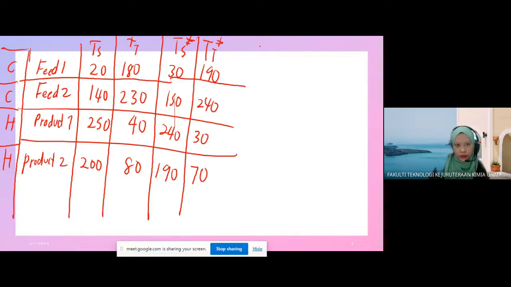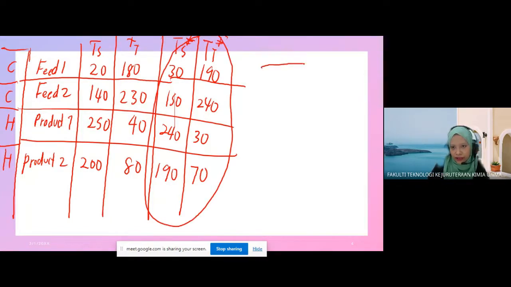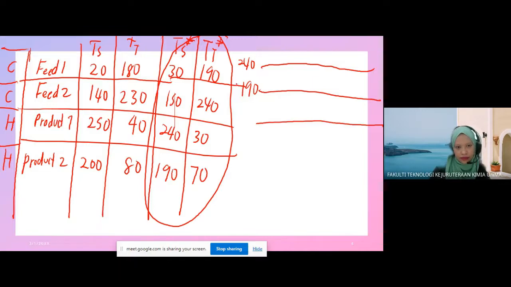Using this shifted temperature, you start the intervals from 240, and then 190, then 150. You arrange in descending order, okay? And then 70 and 30.